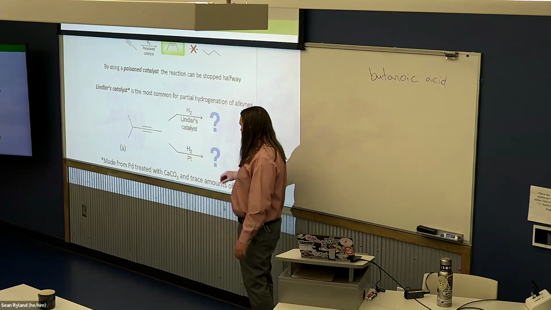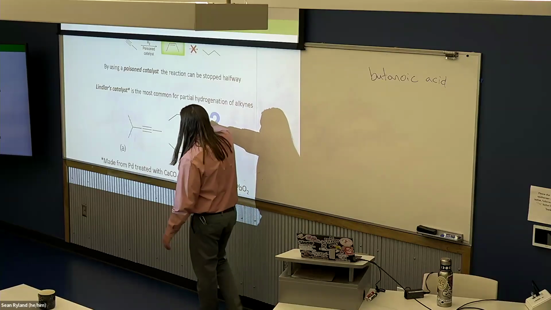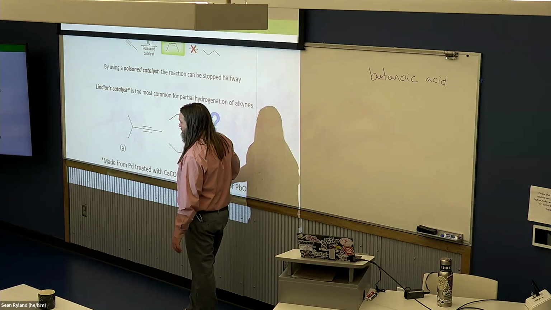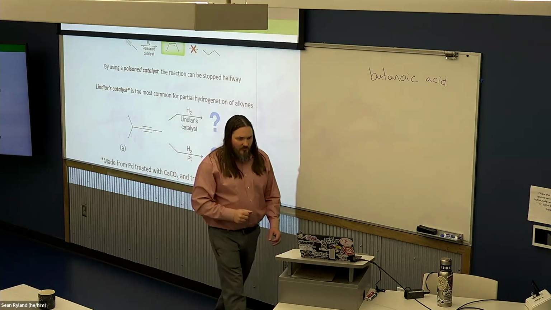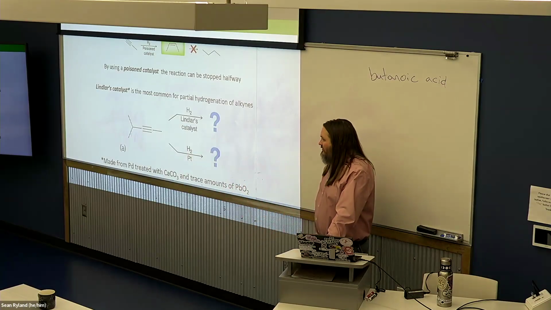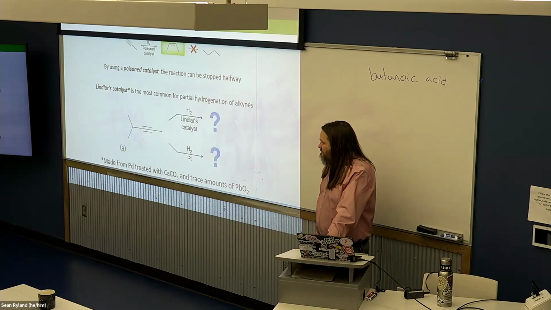So for our partial hydrogenation of an alkyne, we need Lindlar's catalyst. But the way we would know that is happening is the H2 being on top of each other. There's one more, the one that we started with: the dissolving metal reduction. So we would just know it by the H2.